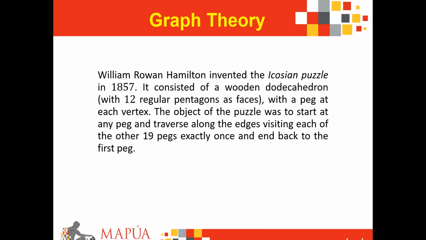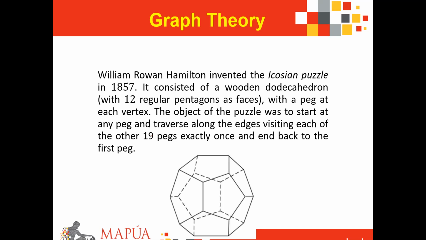The object of the puzzle was basically to start at any peg and traverse along the edges, visiting each of your corresponding pegs exactly once, traveling along the edges, and go back to your first peg or first vertex. This is an illustration of a dodecahedron.